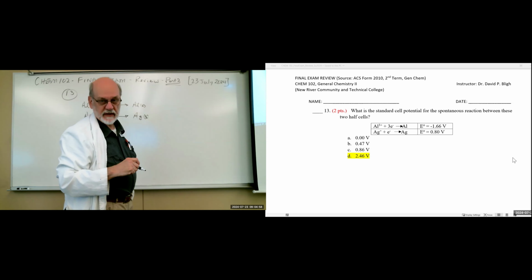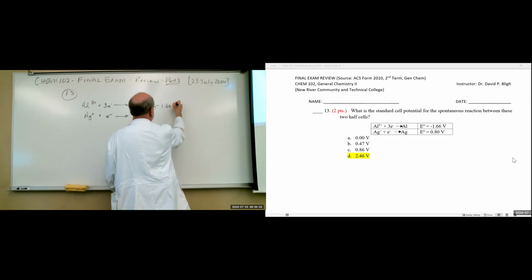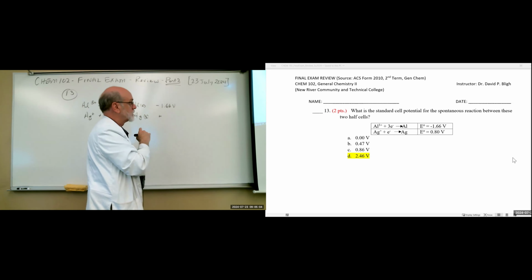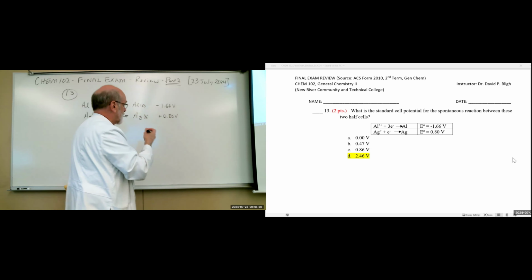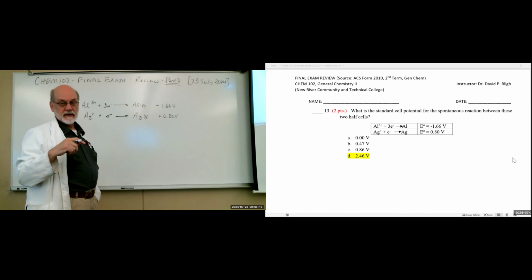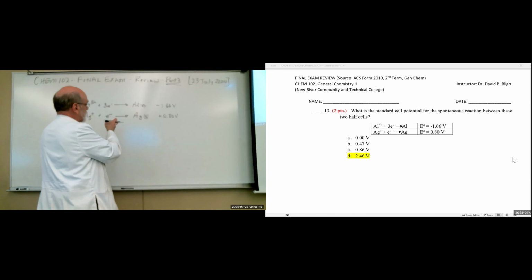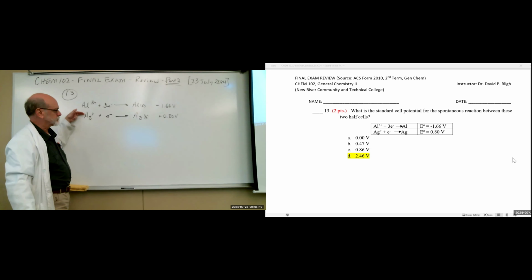The standard reduction potentials are given as 66 volts and plus 0.80 volts. All we have to decide is which one's the anode and which one's the cathode. We do that by saying we can't have both reductions. One of them has to be an oxidation.